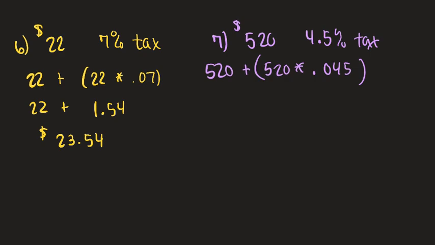Did you hop 2 places? It can't just be 4.5. We haven't hopped at all. So we have to hop one in front of the 4 and another add a 0. 0.045. 520 times 0.045 is $23.40 of tax, plus the $520 we already had for the item. So that's $543.40.